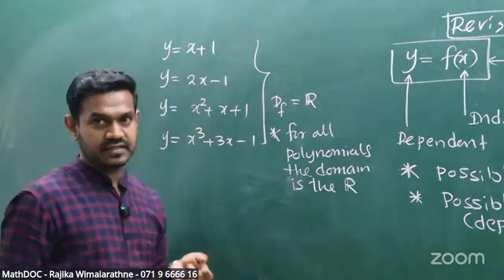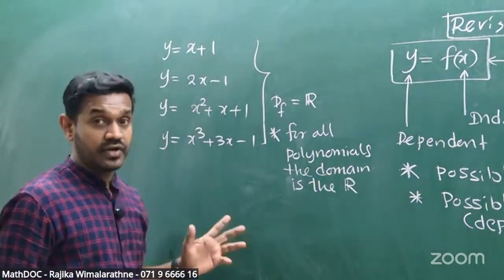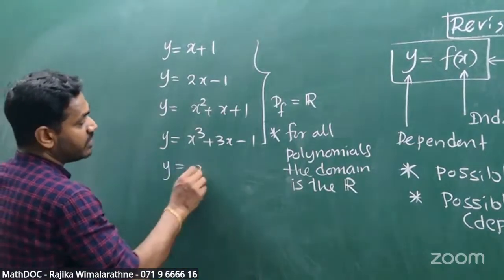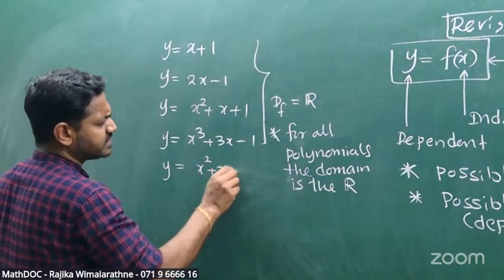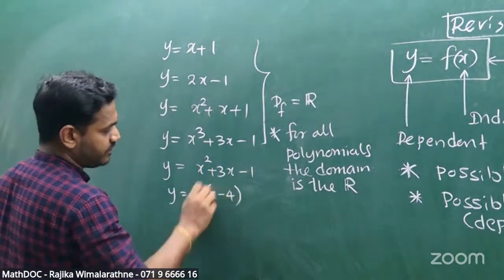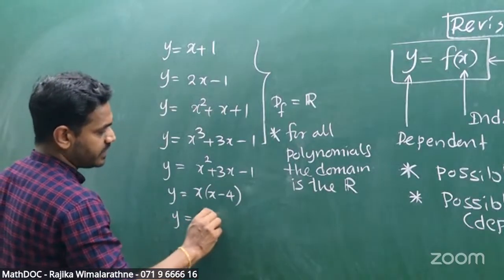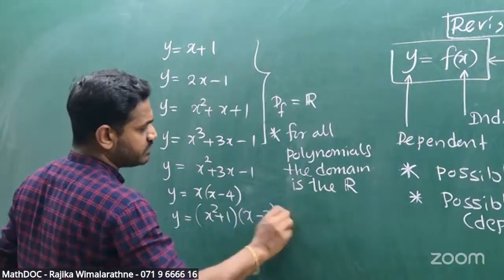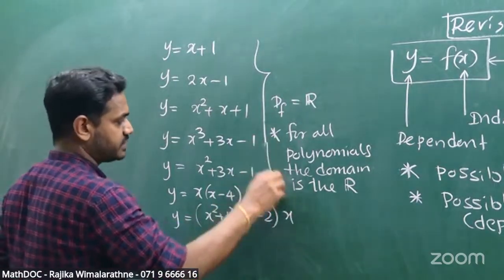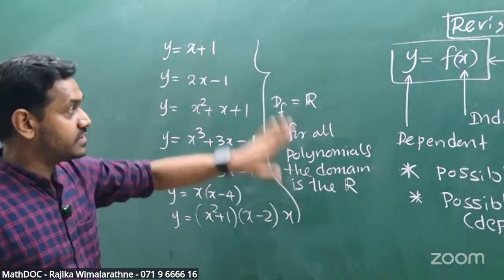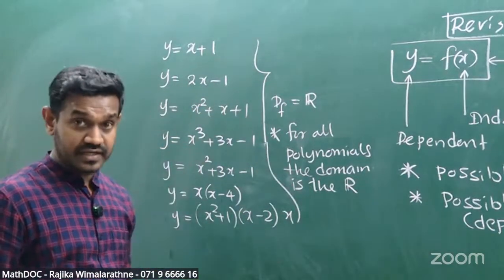Consider y equals x to the power 4 plus 3x minus 1, y equals x times (x minus 4), y equals (x squared plus 1)(x minus 2) times x. All these are polynomials. In such cases, the domain is the real set.